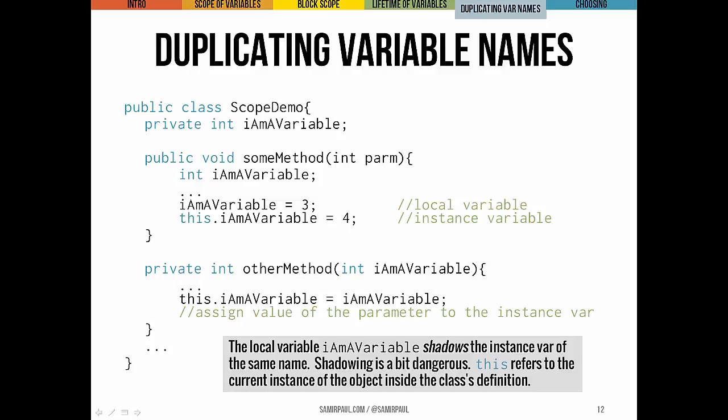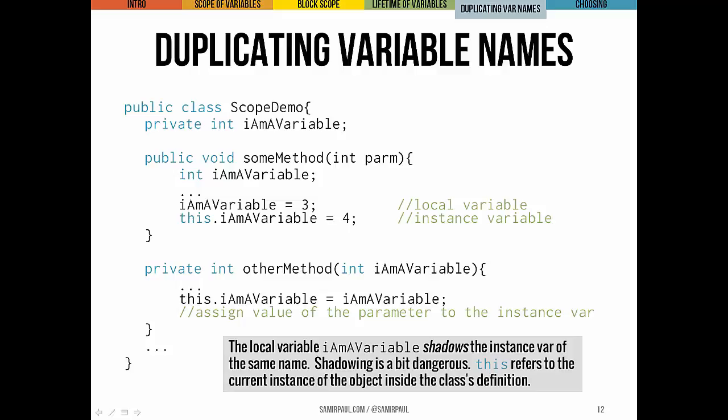Here we'd say that the local IAmAVariable shadows the instance variable IAmAVariable. Shadowing is dangerous because it makes it sort of unclear which version we mean. In this situation, if I were to refer to IAmAVariable without specifying which one I was referring to, it would default to the more local version. The only way to specify that I actually mean the instance variable IAmAVariable is to use the prefix this, as you see here in the method otherMethod.